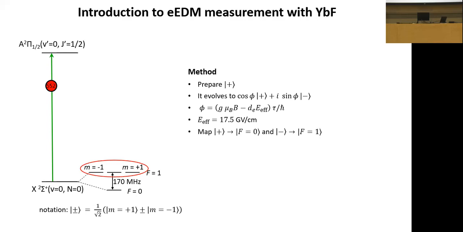Then we measure the population in these two states by state-selectively driving this transition at 552 nanometers. The difference of the populations divided by the sum equals cos 2φ, and from this φ, we can extract the EDM size dE. Of course, there are some more complicated procedures, but basically by doing this, we measure the EDM.